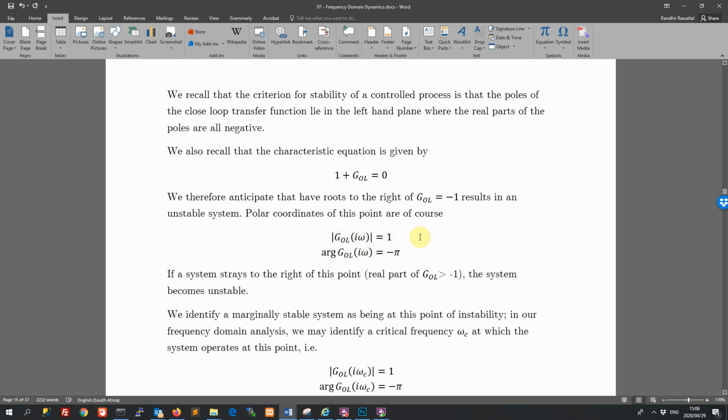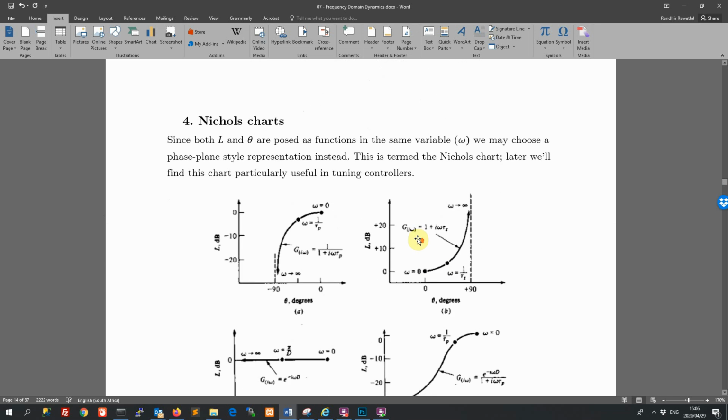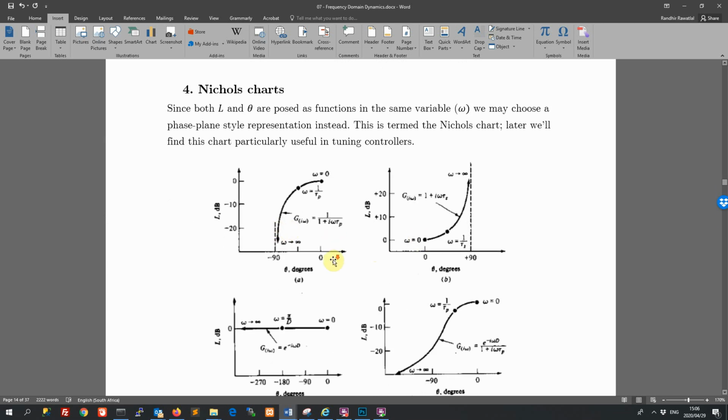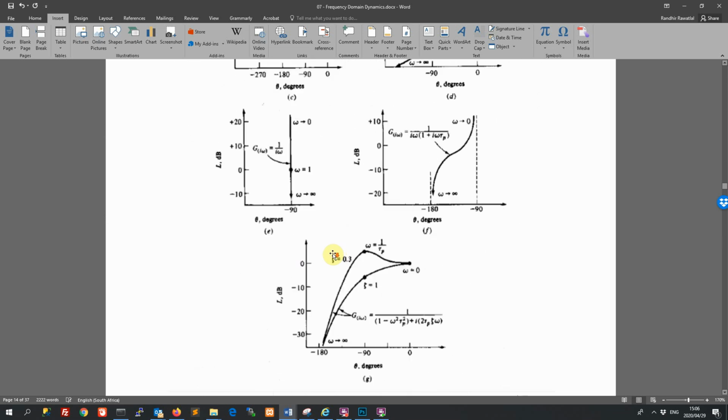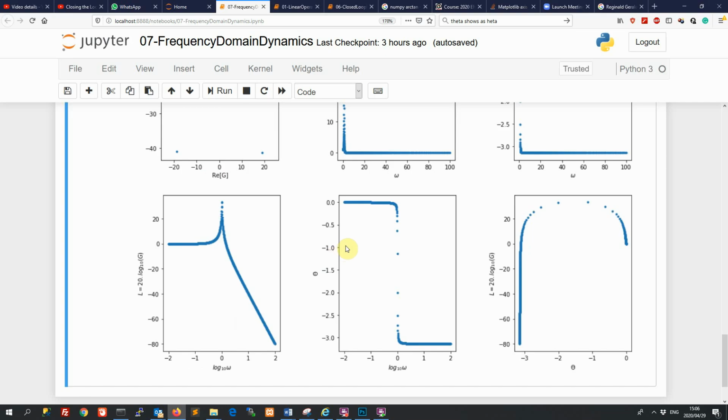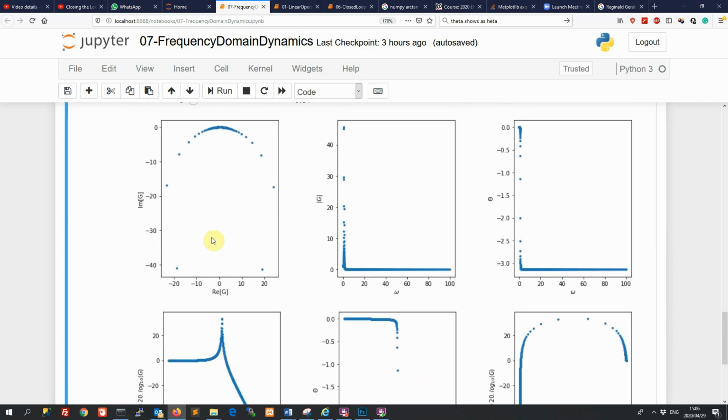So if we are looking at the origin, here's the origin, right at 0, 0. If we want the point -1, 0, -1 is somewhere there, and 0 is there, so that's the point we are concerned about.